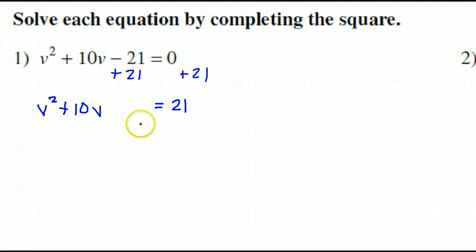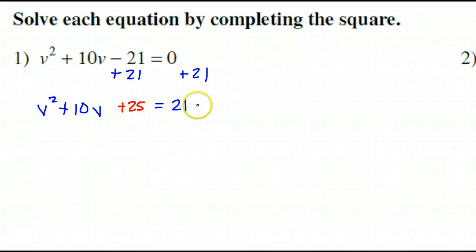Okay, now the number that will complete the square, the way we get that is it's going to be half of the middle squared. So half of 10 is 5, and then 5 squared is 25. So 25 is the number that completes the square.